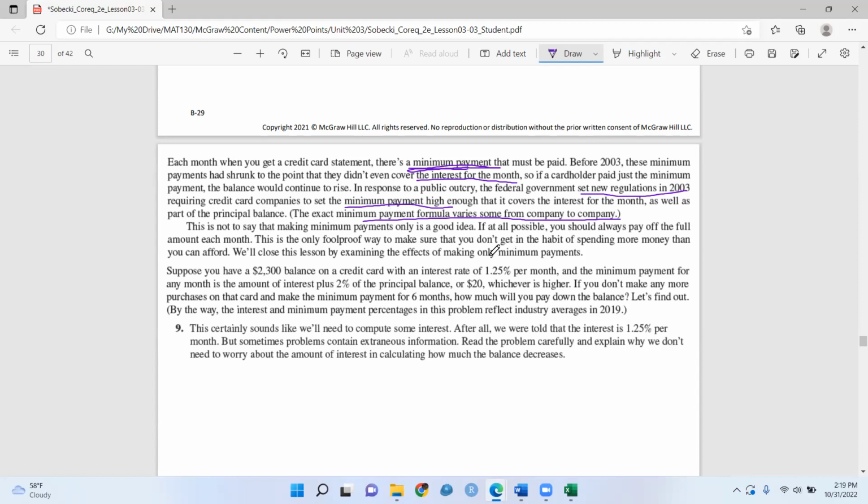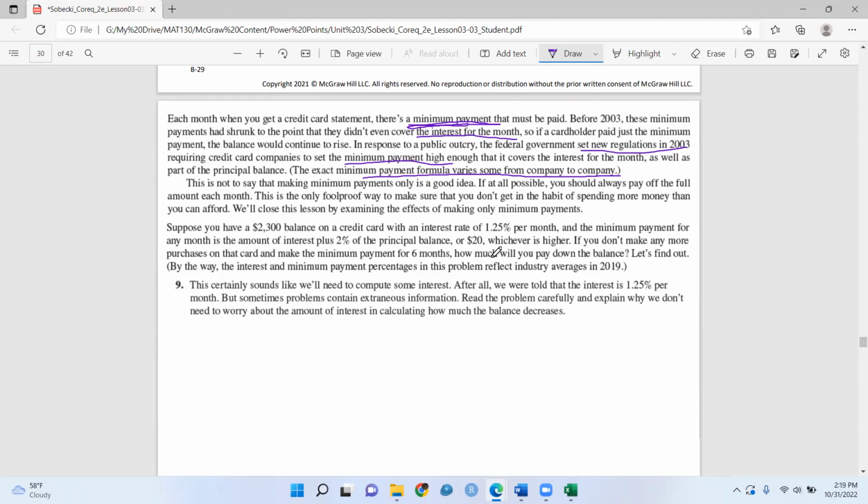If you're a type of person that hates government intervention, this is one of those cases where the government intervening was actually helpful for people who don't really understand minimum payments and what's happening with credit cards, essentially forcing the credit card company to act in the consumer's best interest, sort of, right?